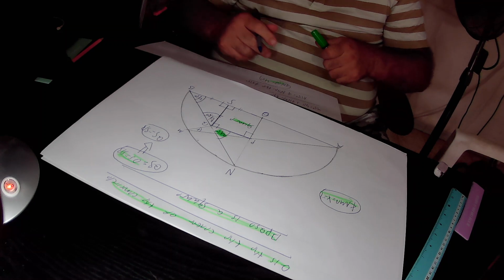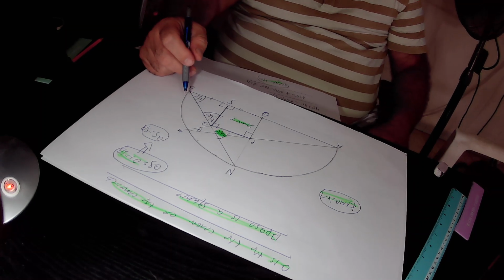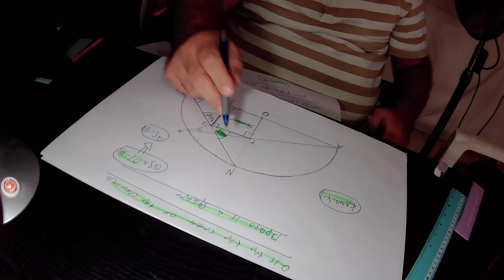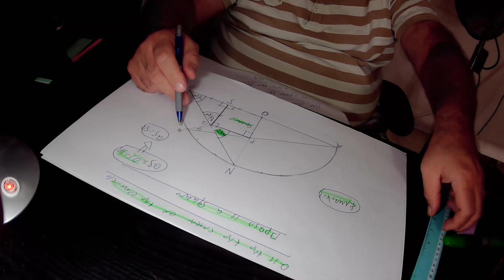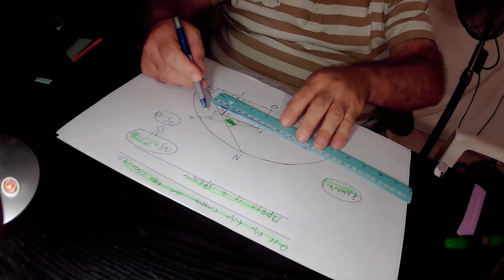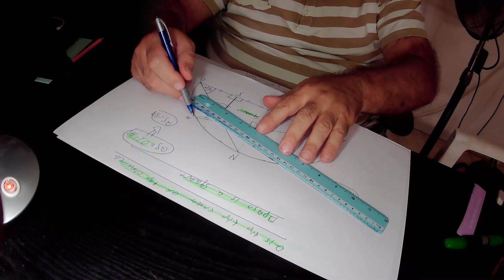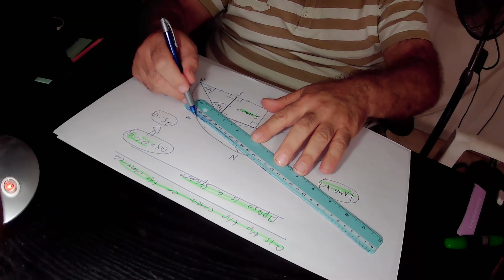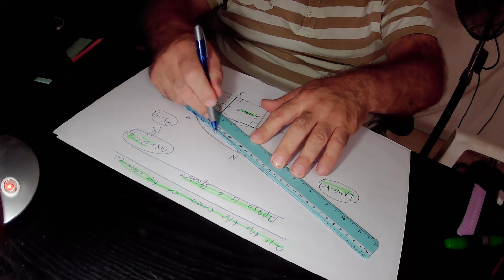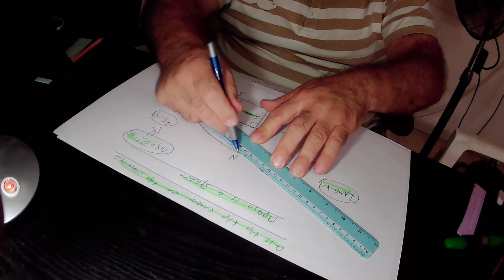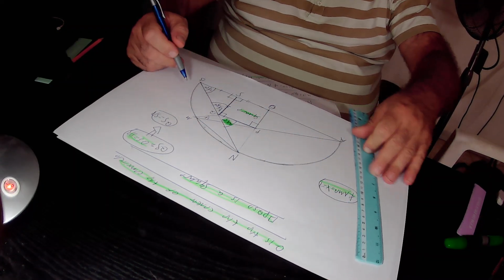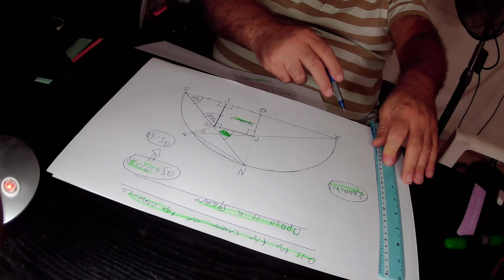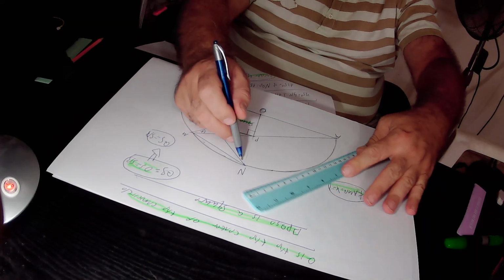In the next step, we will join points M and N together by a straight line. We join points A and N by a straight line.